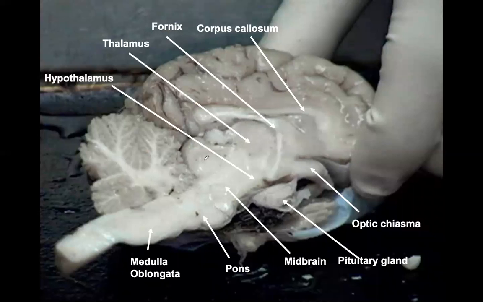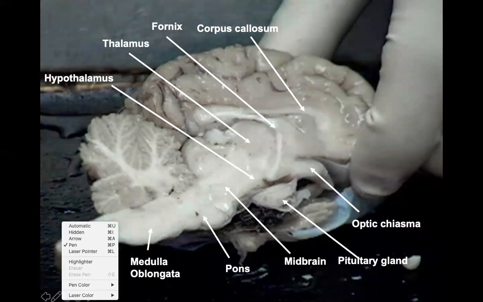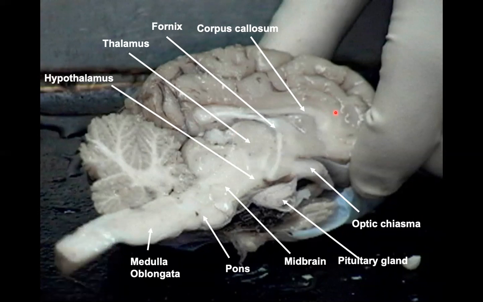Looking at the internal structures of the brain, you have this region. Let me actually use my laser pointer. You have this region right here called the corpus callosum, which is again the nerve bridge between the two hemispheres. Right below that, you have your fornix. This area is your fornix.